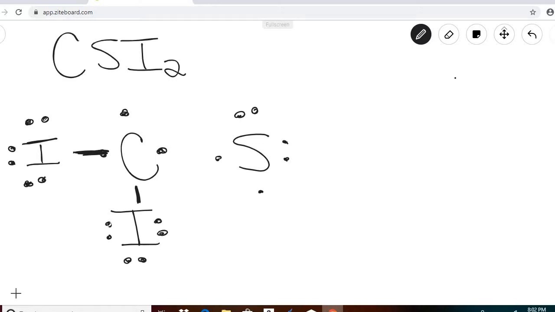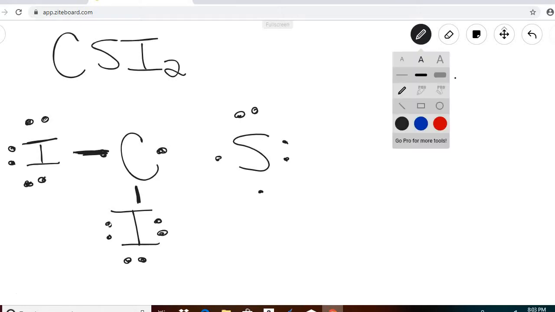So we had 6 that were paired. Okay, then we have this sulfur that has 2 unpaired electrons, and we have the carbon that has 2 unpaired electrons. So we can move all of those electrons into the middle.